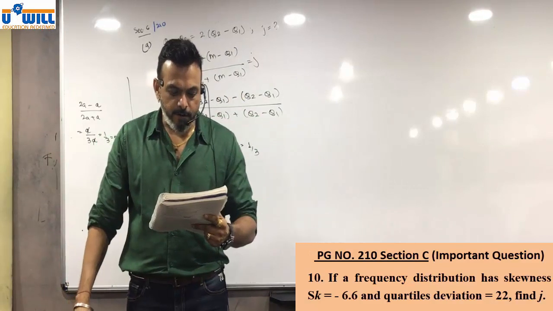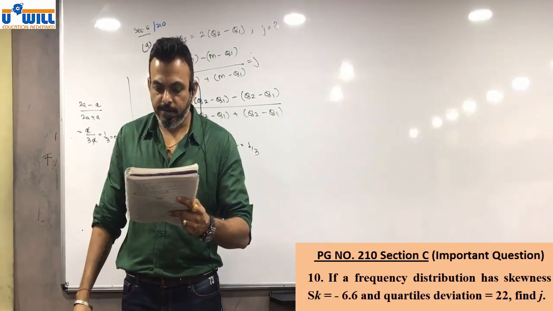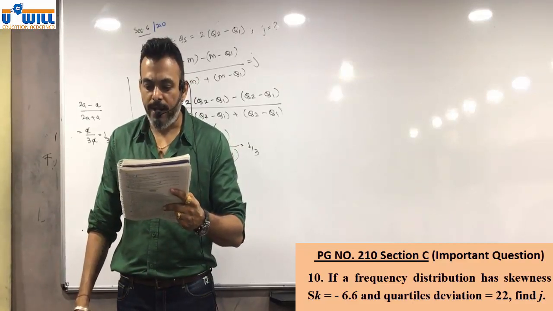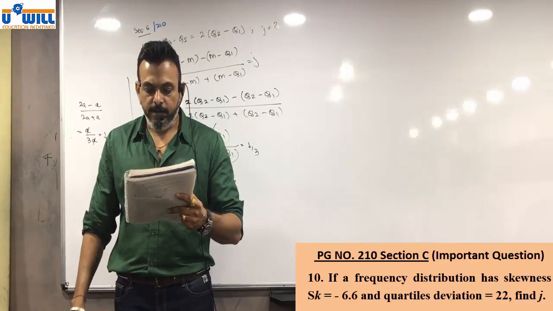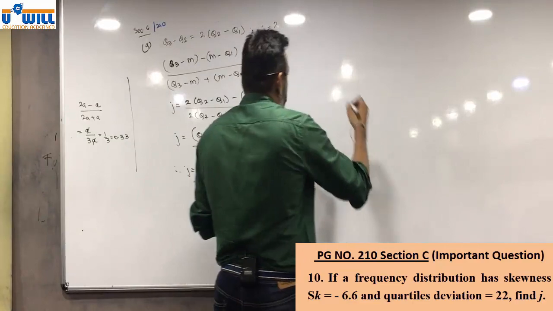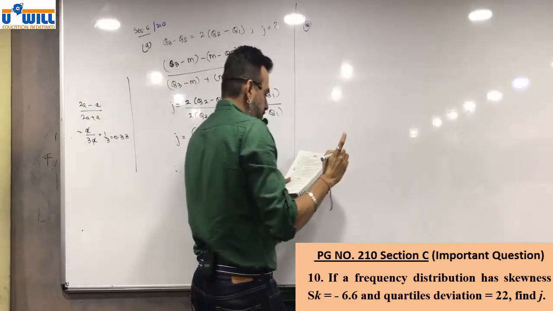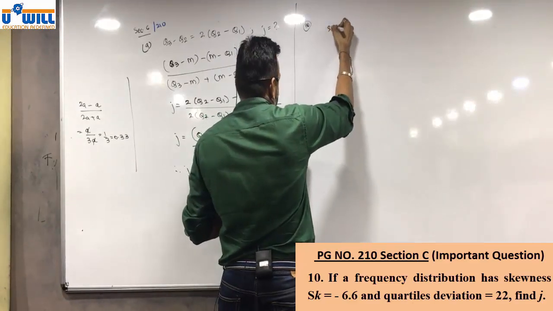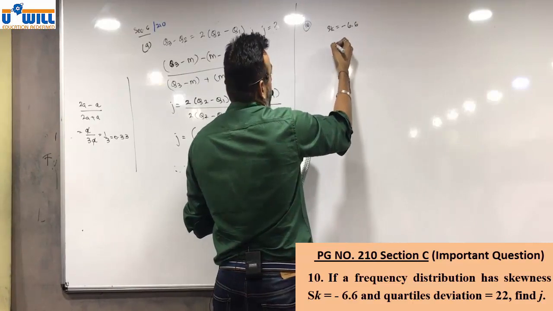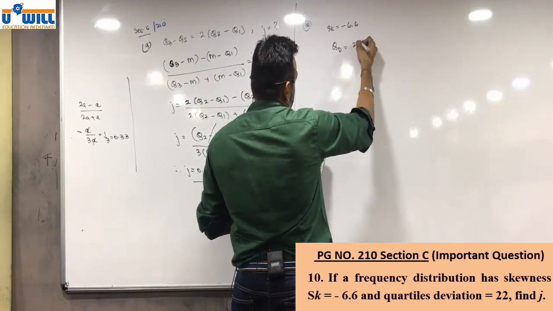If a frequency distribution has skewness Sk is equal to minus 6.6 and quartile deviation is equal to 22, find J, that is coefficient of skewness. Now, question number 10. We write what is given. Sk is equal to minus 6.6 and quartile deviation is equal to 22.